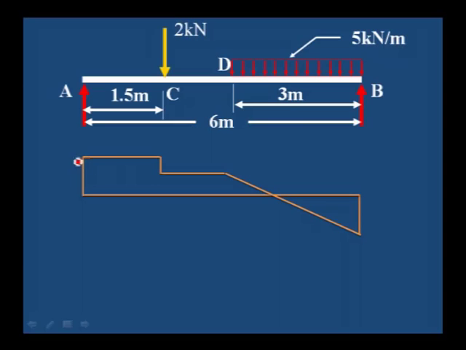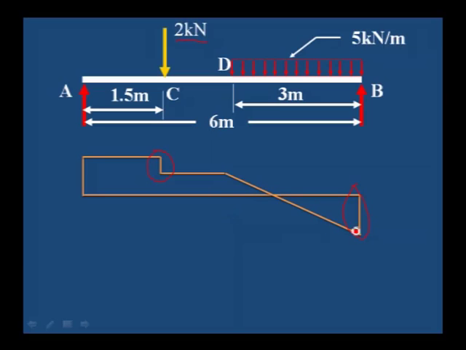From A to C the shear force is constant and horizontal, and at this point there is a vertical drop equivalent to 2 kilonewton, and then again it remains constant, and this side it is equivalent to the RB value.